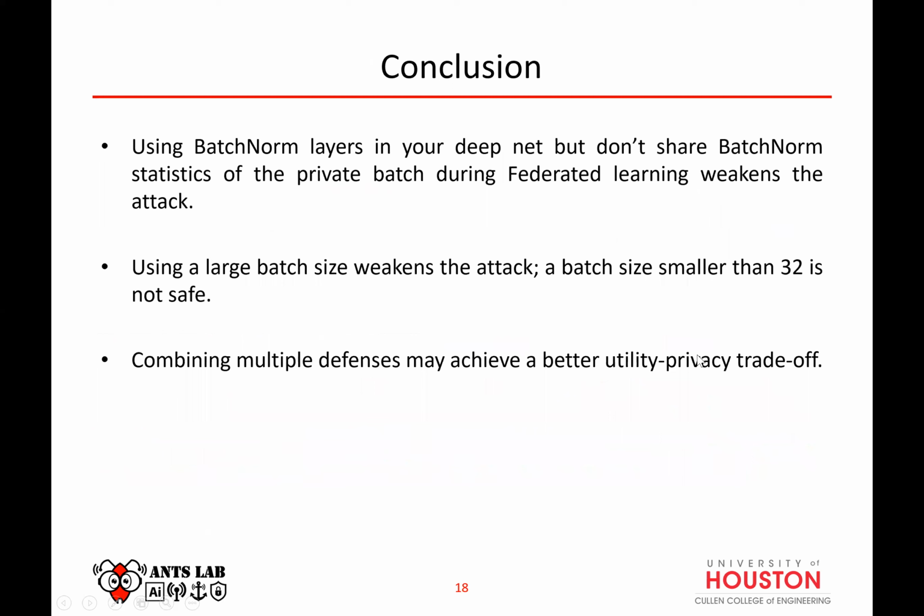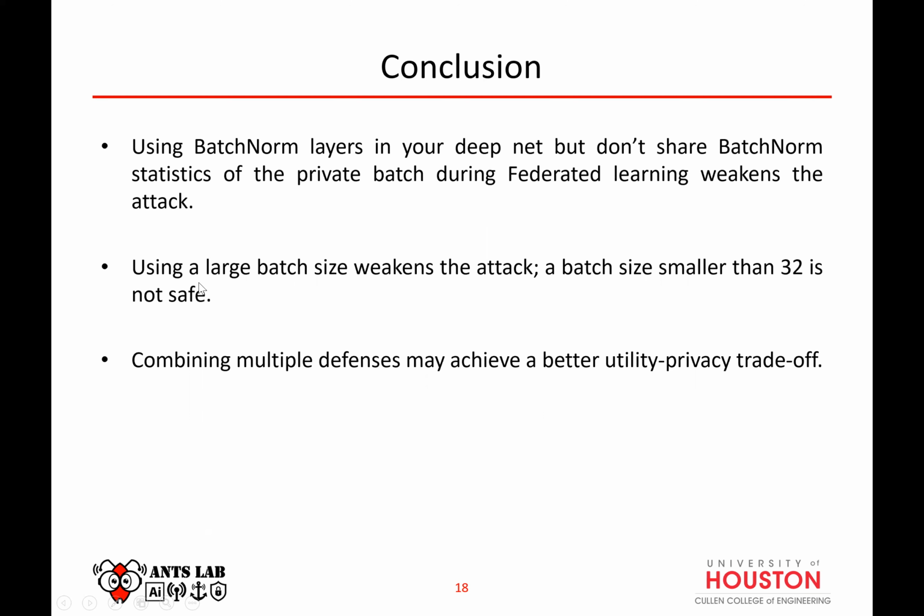So here are some conclusions. The first one is to use batch norm layers in the network, but don't share the information of the batch norm layers. This will improve the defense against the model inversion attack.